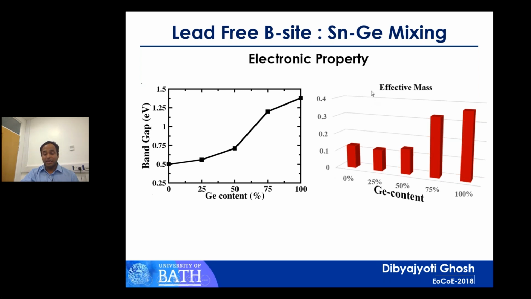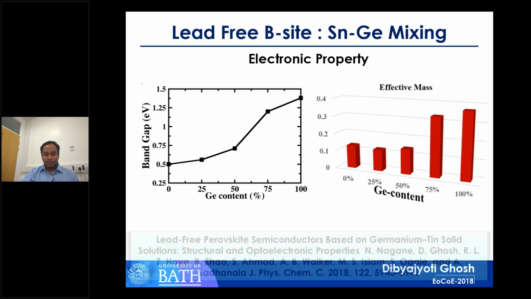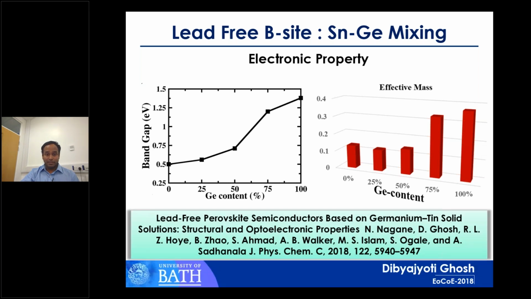That signifies that it can have high mobility in the material, but germanium-containing materials are not as good as tin. With all these, we concluded that this type of tin-germanium mixed systems can be stable and can be used as a substitution for lead-based perovskites.